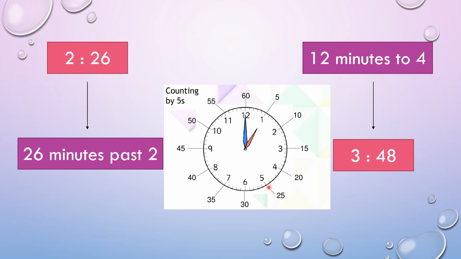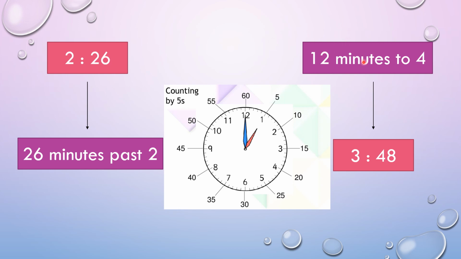This is 25. The next small line would be 26. So the long hand will be at 26. Clear? So that is the meaning of 26 minutes past 2. It has already passed 2 o'clock. Clear?